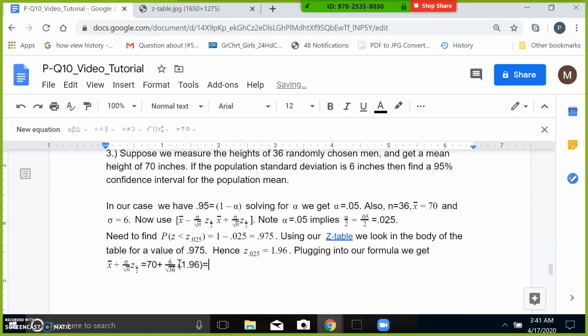So this will be equal to 70 plus 6 divided by the square root of 36, which is 6, times 1.96. So that's 70 plus 1.96, which is just 71.96.